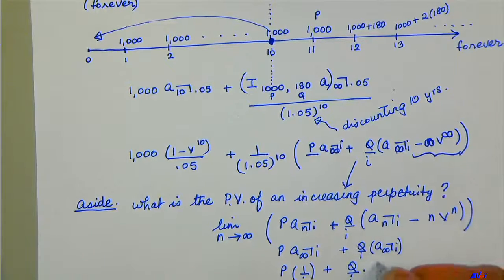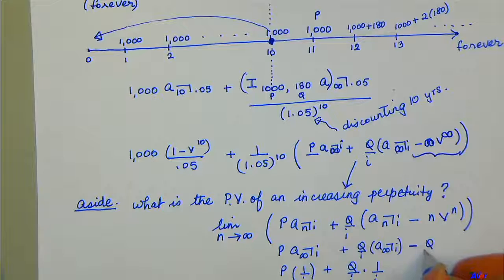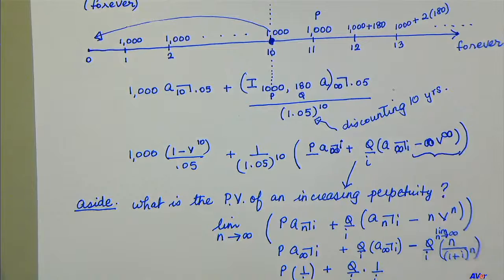That again is 1 over I minus Q over I times N over 1 plus I to the N, and I want the limit as n goes to infinity of this mess.